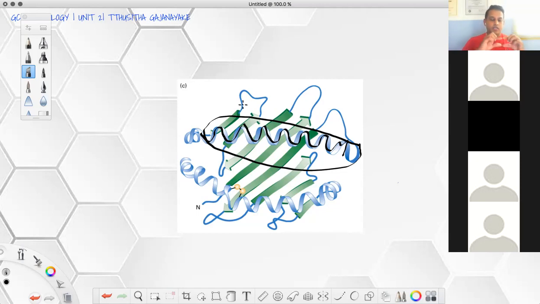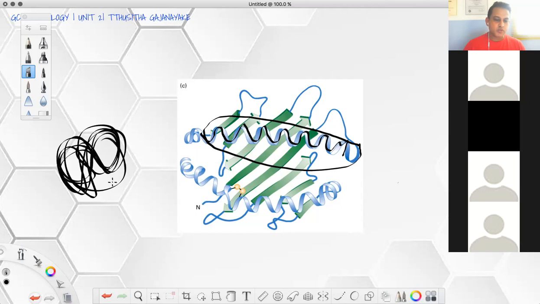So they make a long helix, that is a secondary structure. But the tertiary structure is the protein polypeptide chain folding to make a 3D shape like this. So it has so many foldings to make a 3D shape.